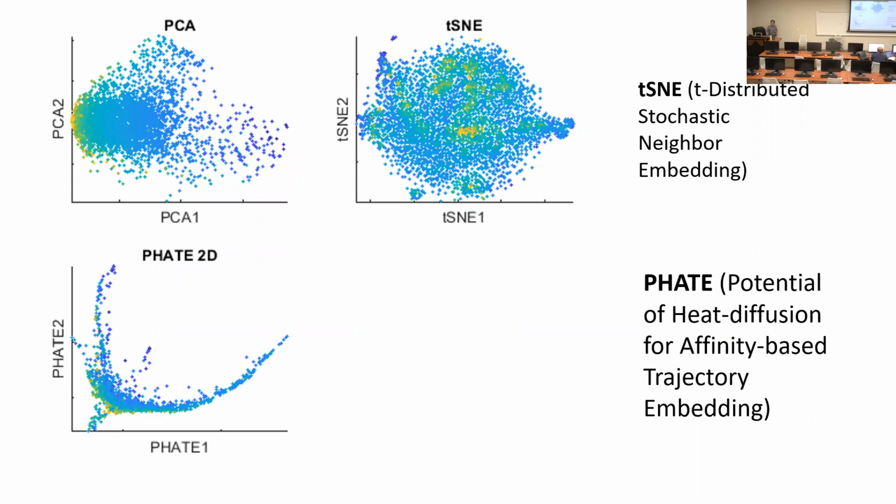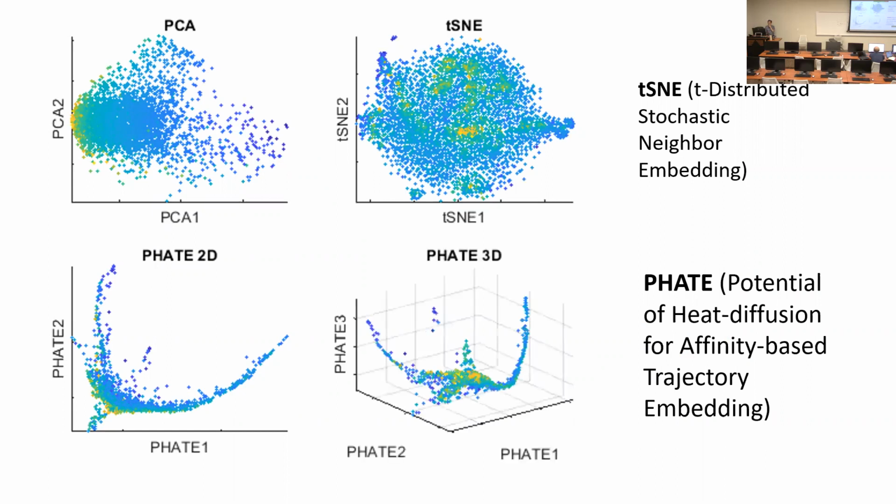If you do PCA, use t-SNE, and FATE, those are different algorithms, so you get different answers. And FATE you can run in 3D as well, of course. But in general, it's from the same data set.